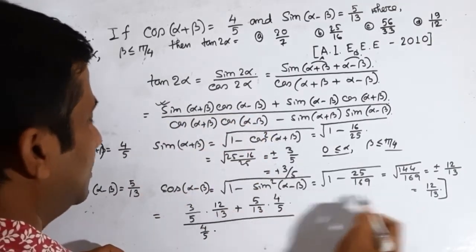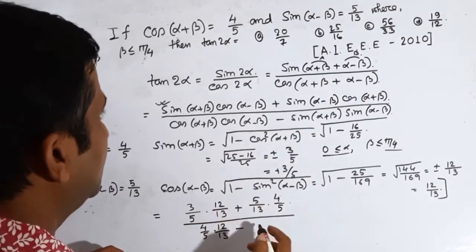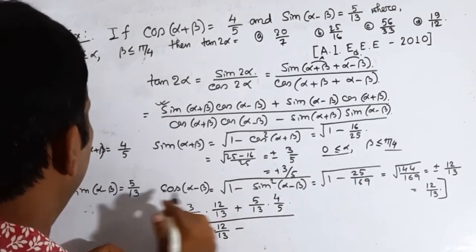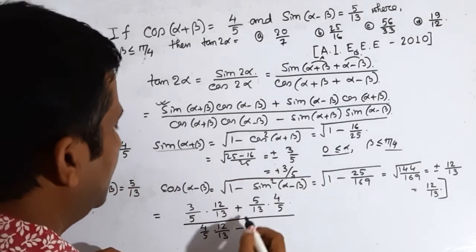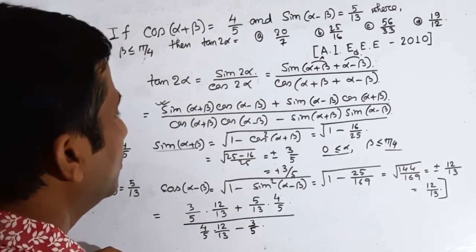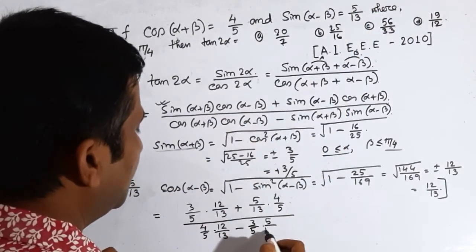Cos(alpha minus beta) means 12 by 13, minus sin(alpha plus beta), which means 3 by 5, into sin(alpha minus beta), which means 5 by 13.